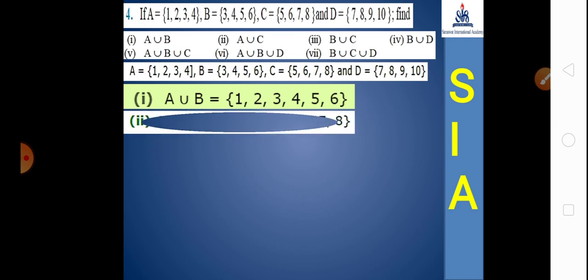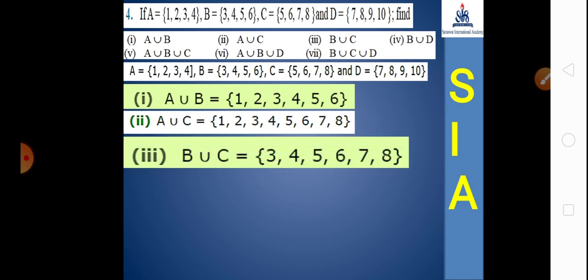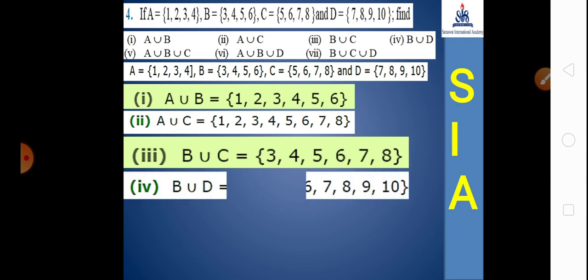Second, A union C. Same, write down all elements of A and C without repetitions. So 1 up to 8. Third, B union C. You just look at all the elements without repetitions. So 3, 4, 5, 6, 7, 8.